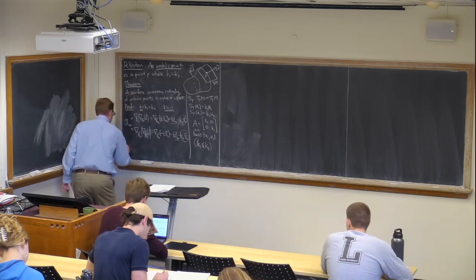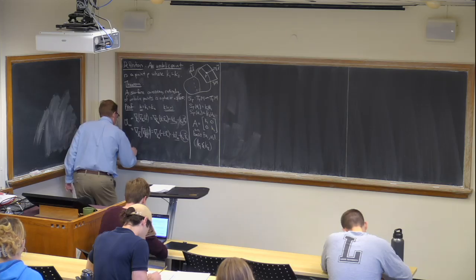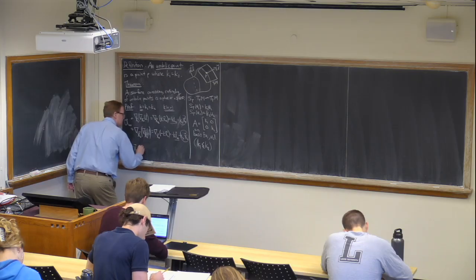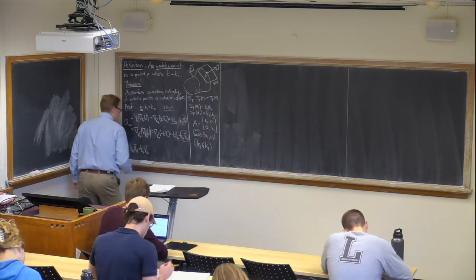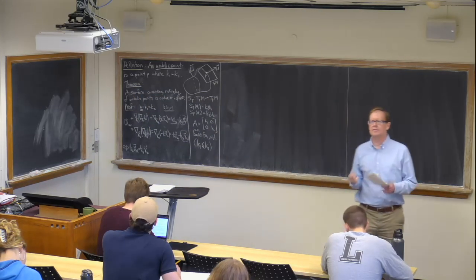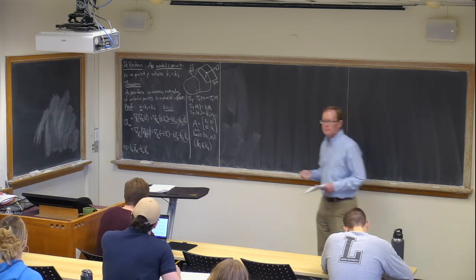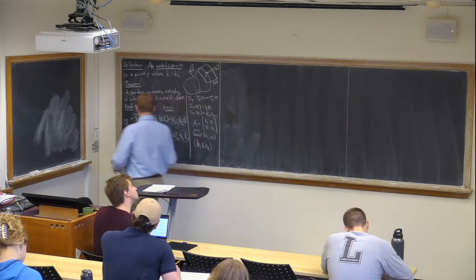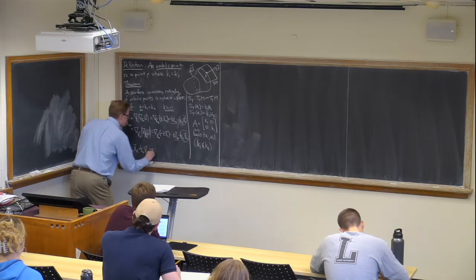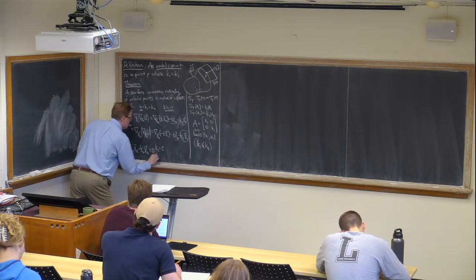So what we have from all of this is that k_u x_u is equal to k_v x_v. But x_u and x_v are linearly independent. So how is it possible that a multiple of them can be equal? The only possibility is if that multiple is 0 in both cases. And so it must be that k_u is 0 and k_v is 0.